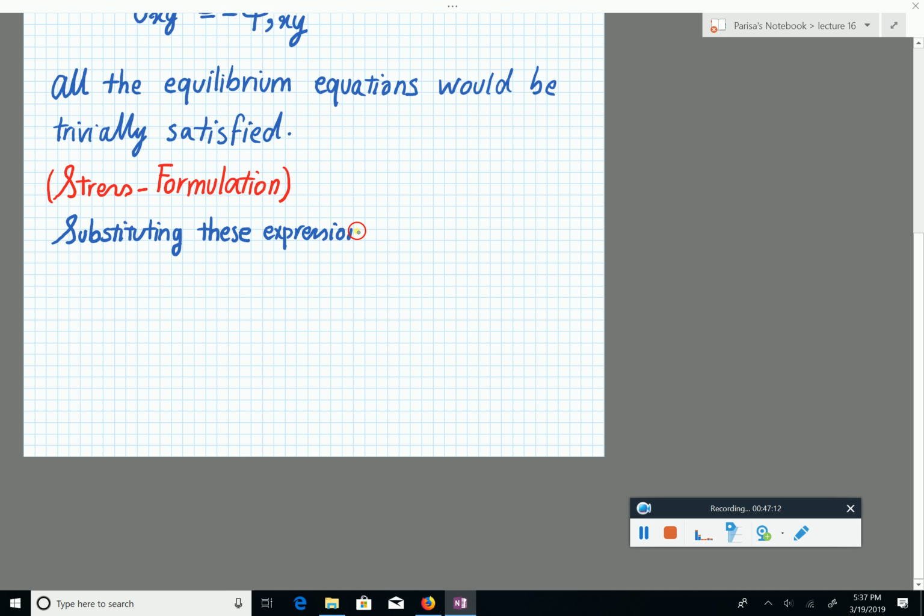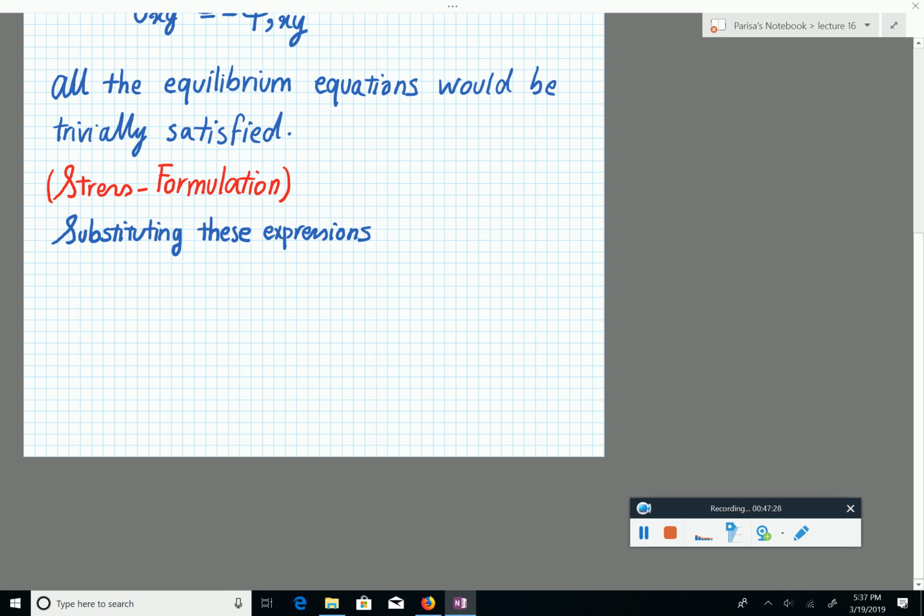So now I reviewed the Beltrami equation for you. It's all in terms of a stress. Now if you use these expressions for a stress in terms of phi, you are going to get an equation in terms of phi, correct?